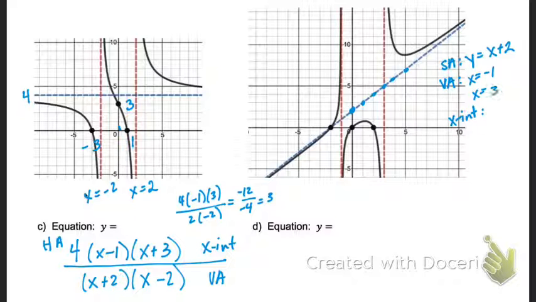And then we have x-intercepts at where? 0, -2, and 2. Where's your negative? Oh, right here. 1, 2, 3. Okay.